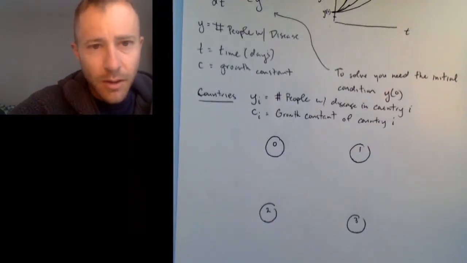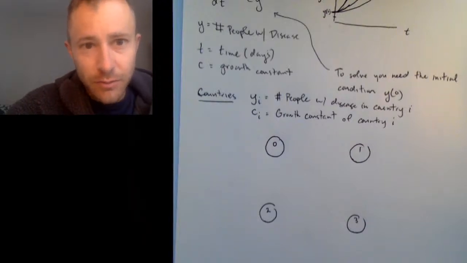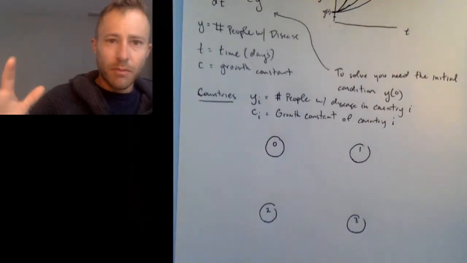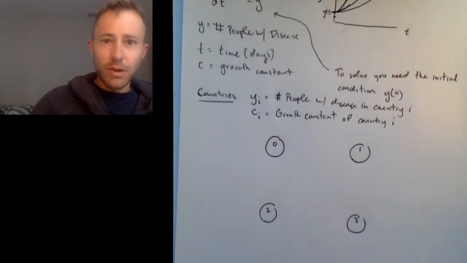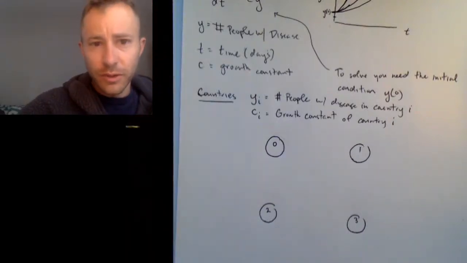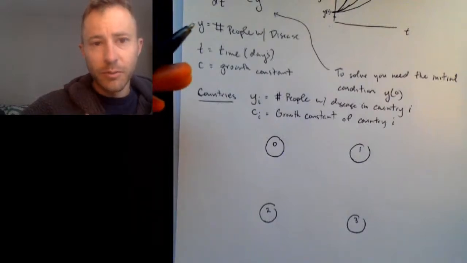The one that comes to mind immediately is New Zealand. New Zealand had really strict lockdown policies, which made the growth constant for New Zealand for COVID extremely low.